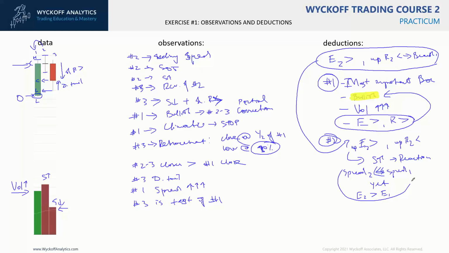So when we think about how the effort is almost the same or slightly above that, and yet there is no really big progress because the close of bar number two is somewhat equal to the close of bar number one. So then what kind of depth of the reaction we might potentially have? What do you guys think?